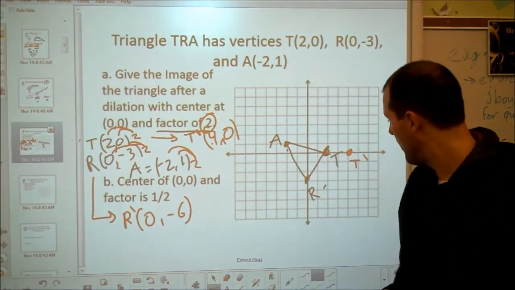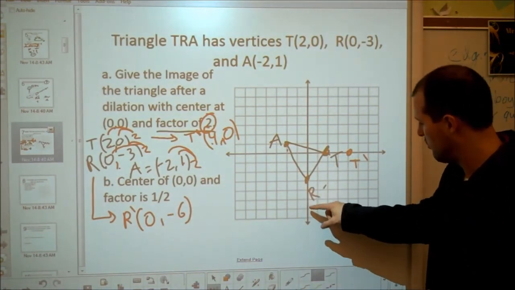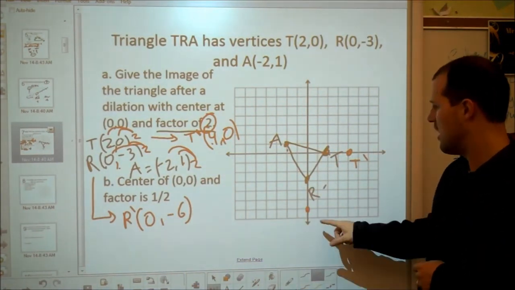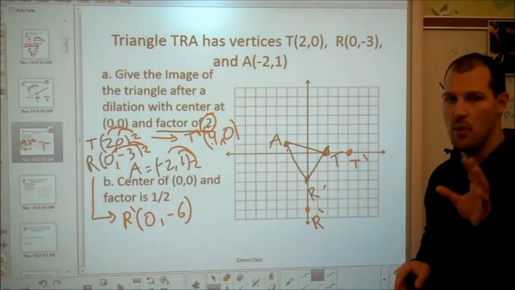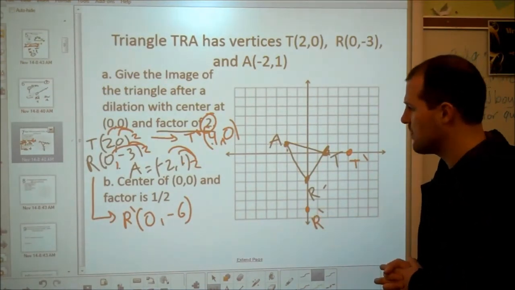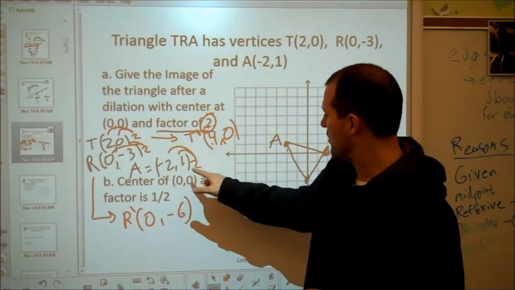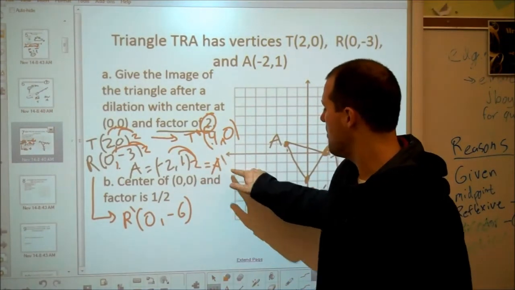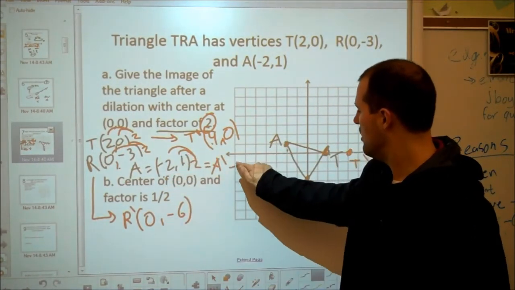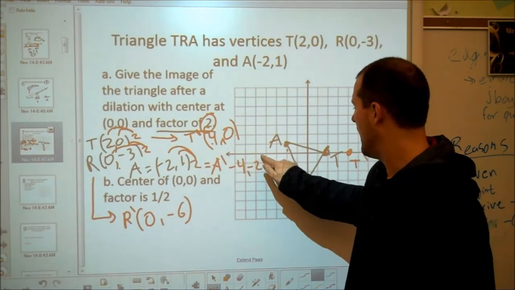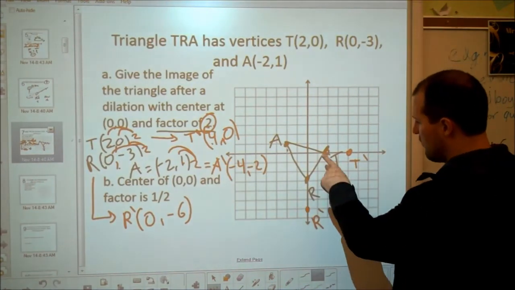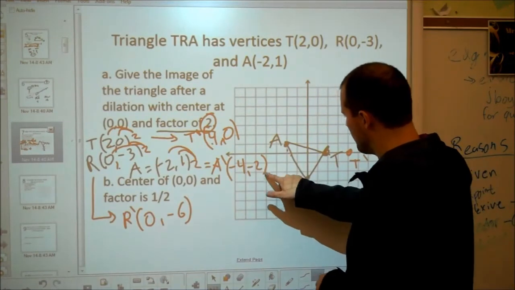So that's my new point, R prime: down 1, 2, 3, and so on. We want to label this so we know what's what. And then one more. It looks like I have room for A right here. A prime is going to be multiplied by 2, -4, -2. So left 4, down 2.